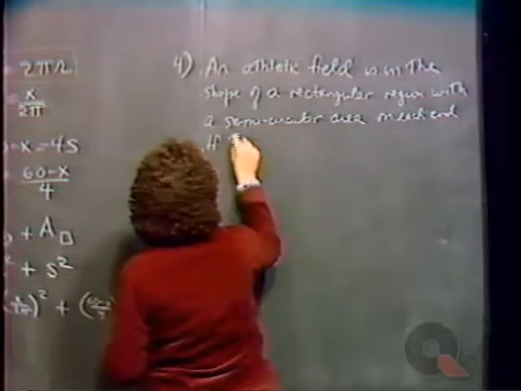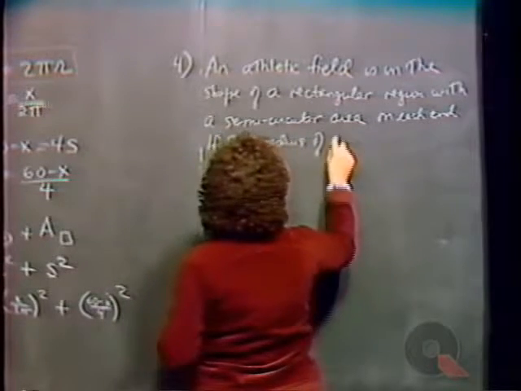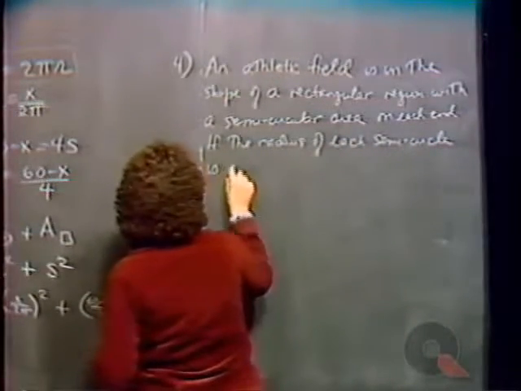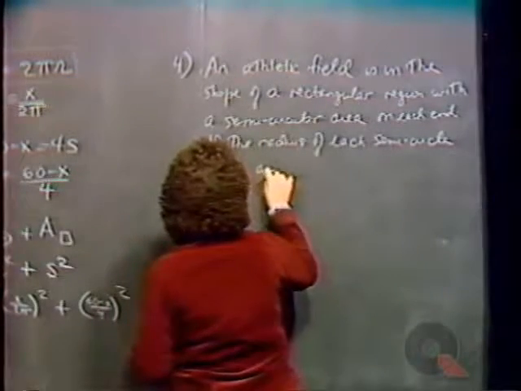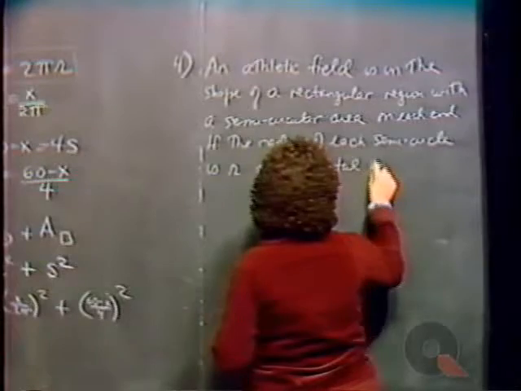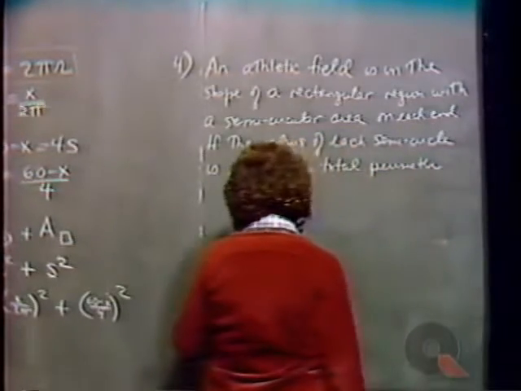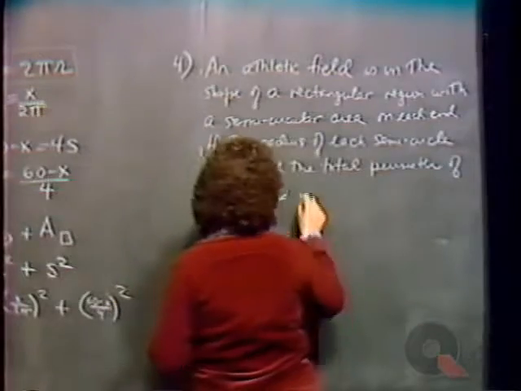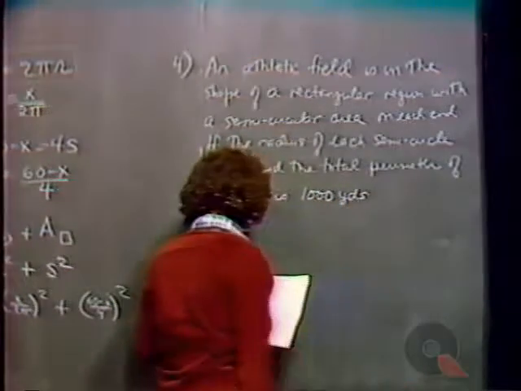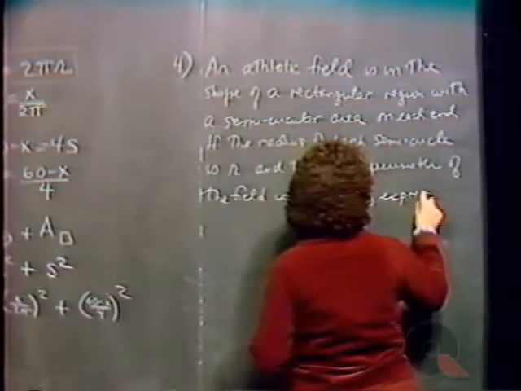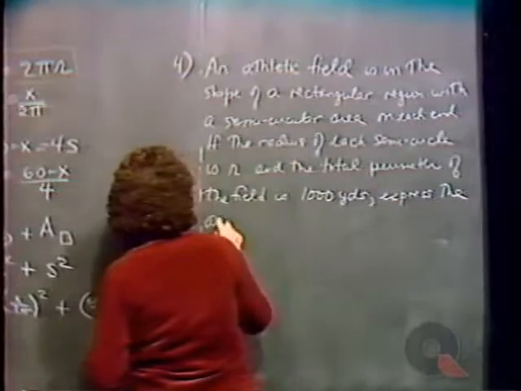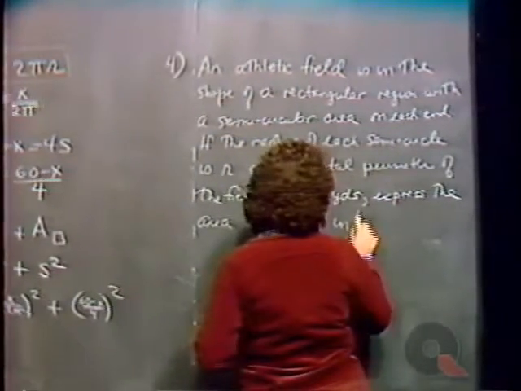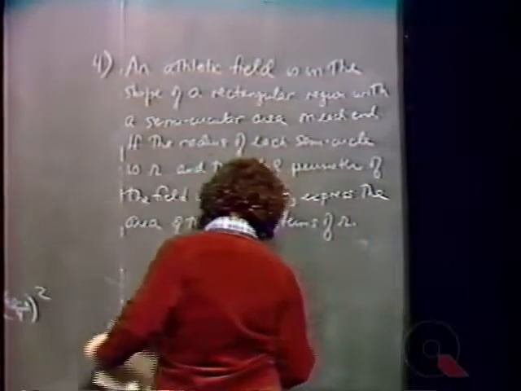If the radius of each semicircle is R, and the total perimeter of the field is 1,000 yards, express the area of the field in terms of R, or as a function of R.